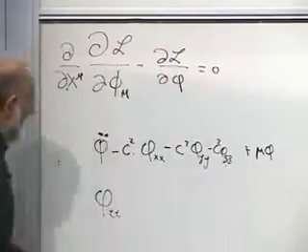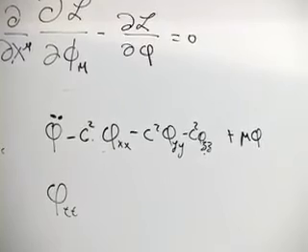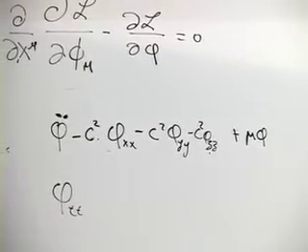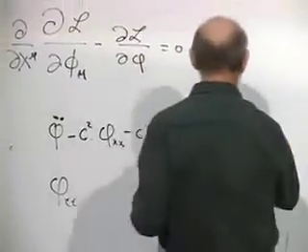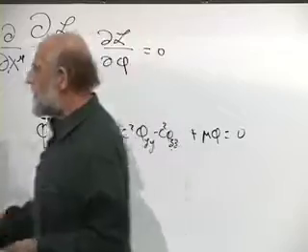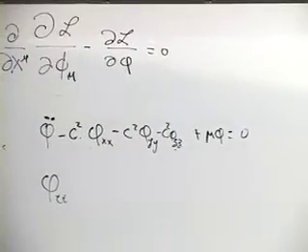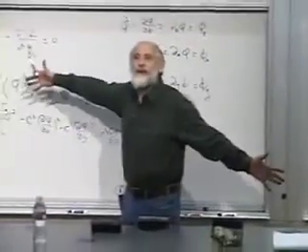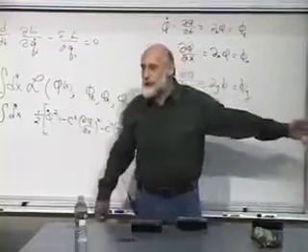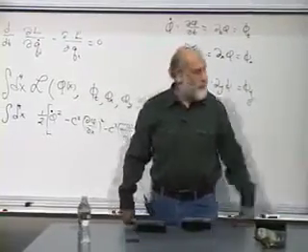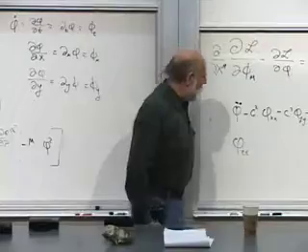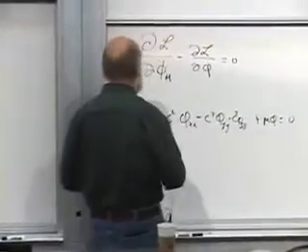Equals 0. No, there isn't a half, because each one of these things was squared, so when you differentiate it, that's why the half is there. The half is there to avoid the half in the equation of motion. All right, so let me write this out in longhand.